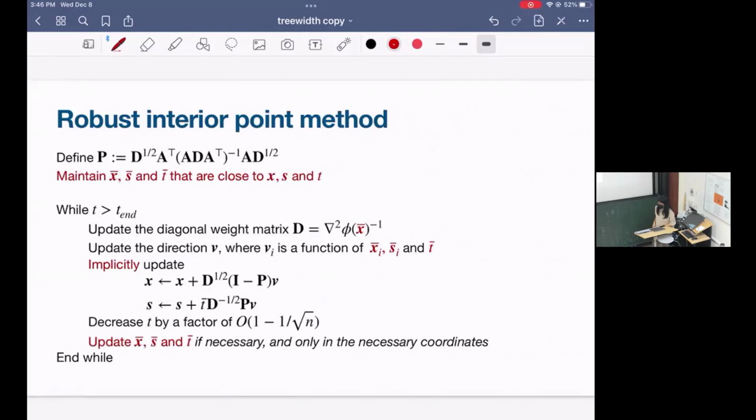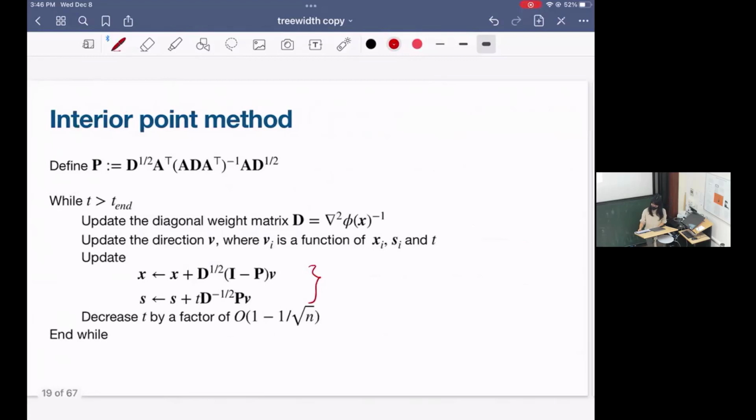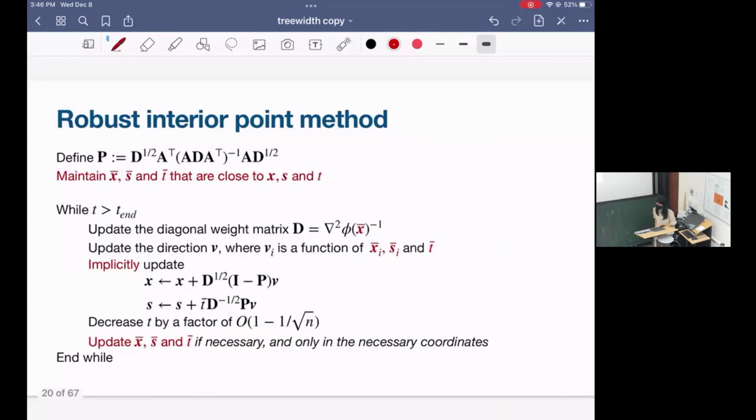And in our paper, we use instead a robust interior point method. The difficulty in implementing the interior point method quickly is that this update calculation can take a long time. So what we do is instead we maintain some approximations to our solution, which are going to be our x bar and s bar.